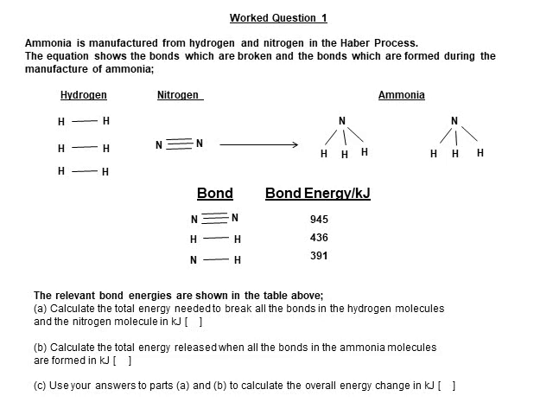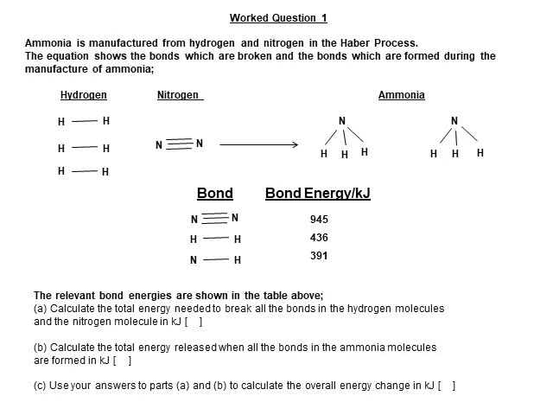Okay. Ammonia is manufactured from hydrogen and nitrogen in the Haber process. The equation shows the bonds which are broken and the bonds which are formed during the manufacturing of ammonia. So 3 hydrogens and 1 nitrogen go to 2 ammonia molecules. The relevant bond energies are shown in the table above.